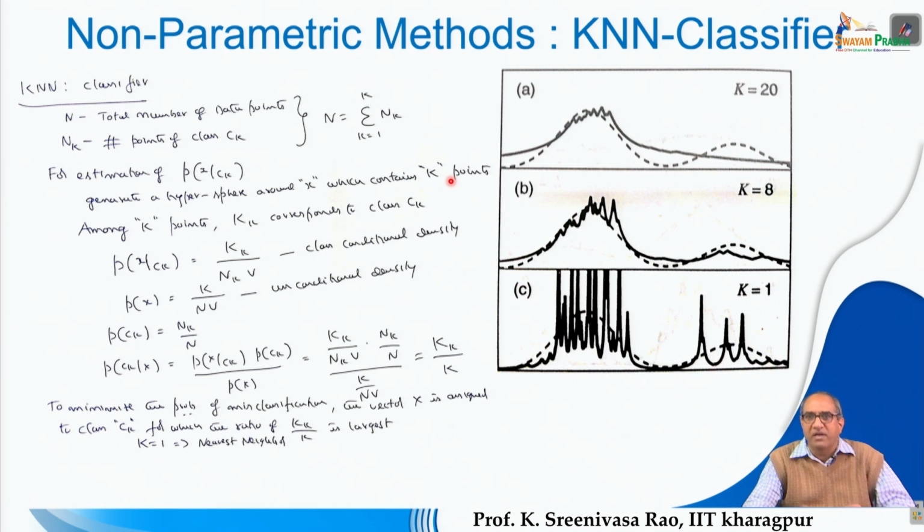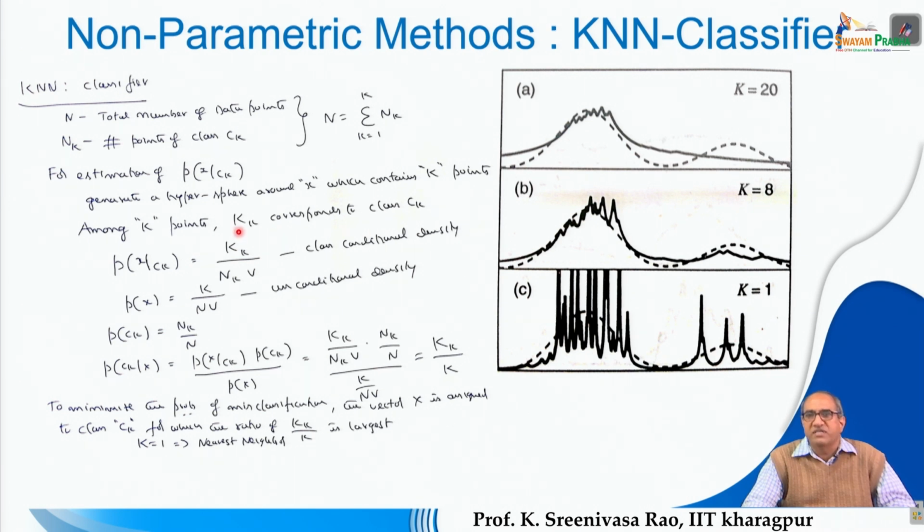At each data point we vary the volume until k points are filled up within the region. Suppose we created a volume such that there are k points within it, and among those k points, Kk points belong to class ck.